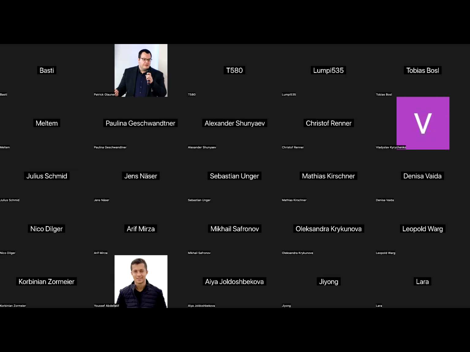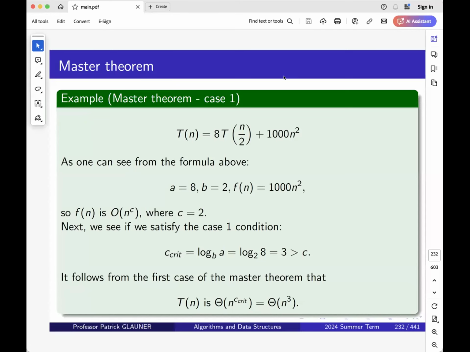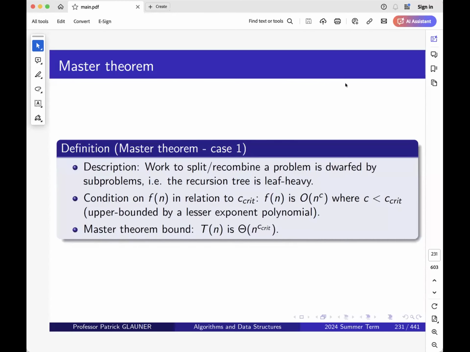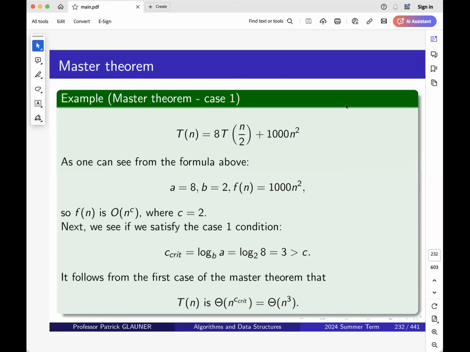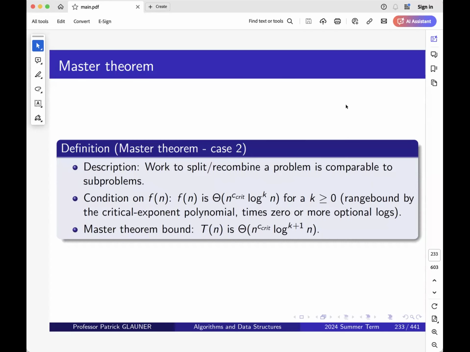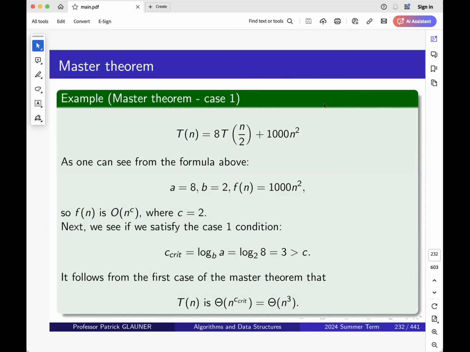There are now two more cases of the master theorem. Case one, we've just looked at, and we said we spend most of the time in the recursion and not on splitting and recombining. Now, case two. And there's a question of how we can find out if an algorithm is leaf heavy.